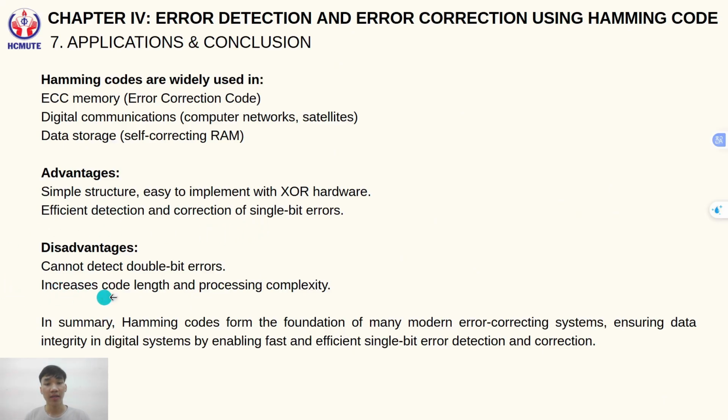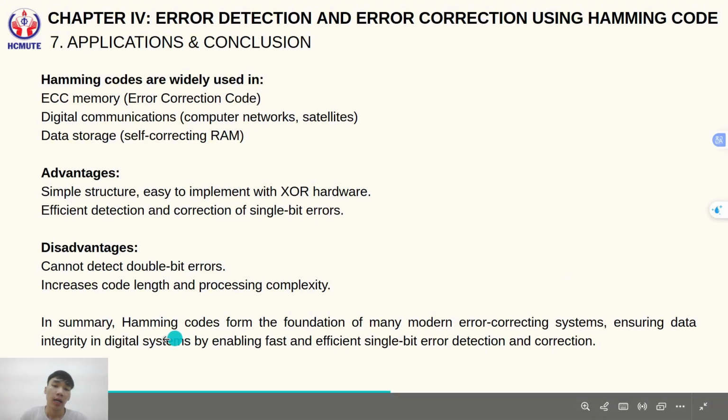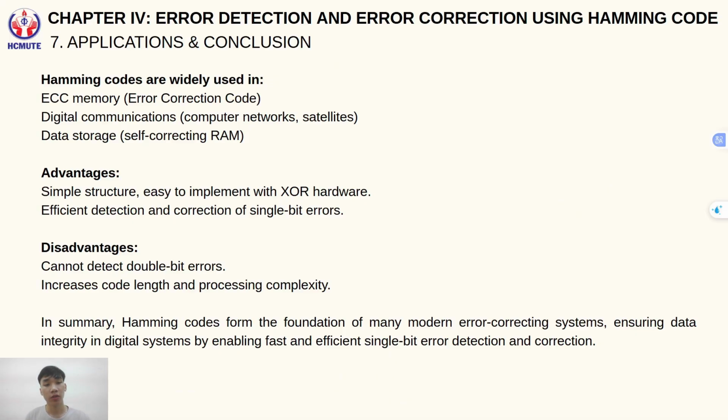However, the disadvantages are that they cannot detect double bit errors and they increase code length and processing complexity. Overall, Hamming codes are the foundation of many modern error correcting systems, helping to maintain data integrity in digital systems by enabling fast and reliable single bit error detection and correction.